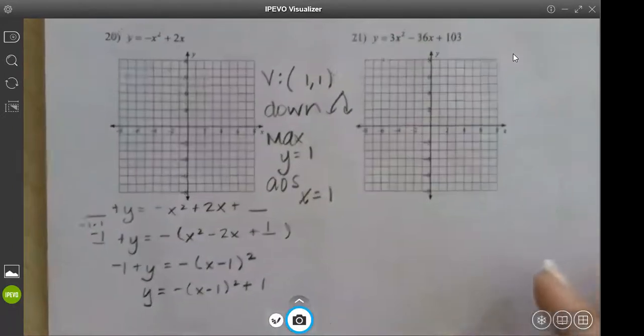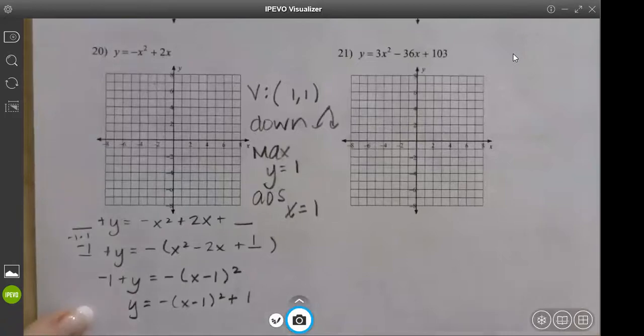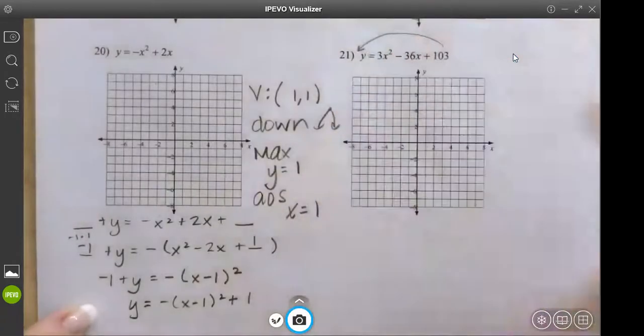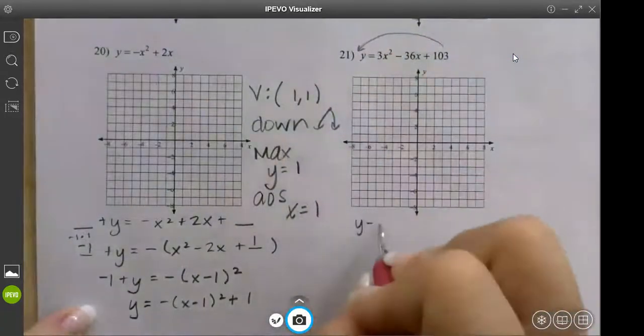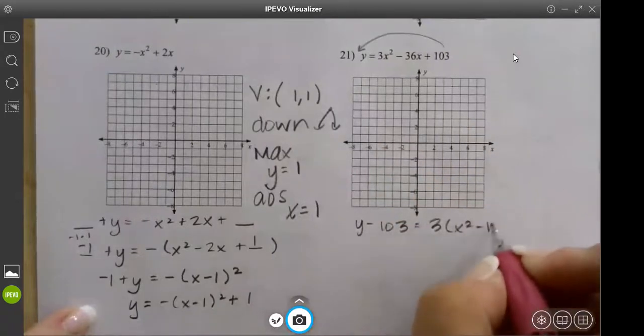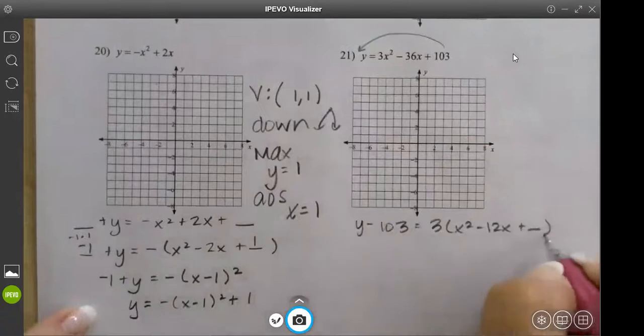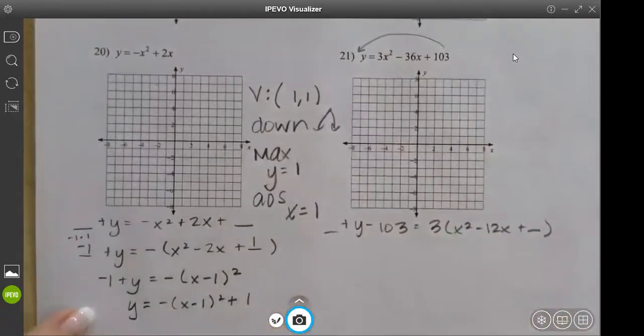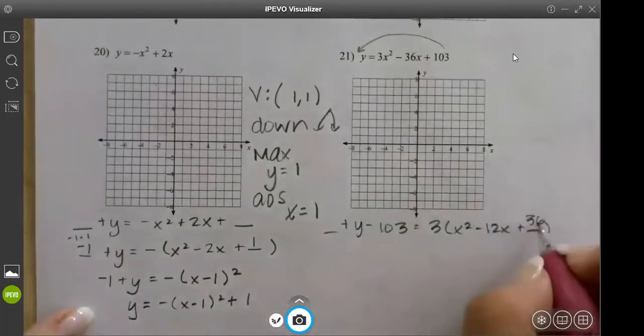All right, so 21 is the exact same way. We're going to move that 103 over and factor out the 3 on the other side. And add in our blanks. 12 divided by 2 squared is 36.